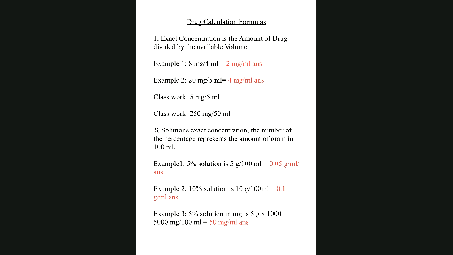Whatever value the percentage is, it represents the amount of grams in 100 mils of fluid, right? So if it's 5%, it's 5 grams in 100 mils. If it's 10%, it's 10 grams in 100 mils. And you just follow the formula.